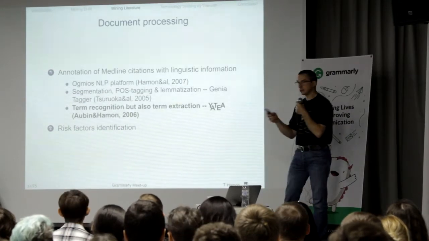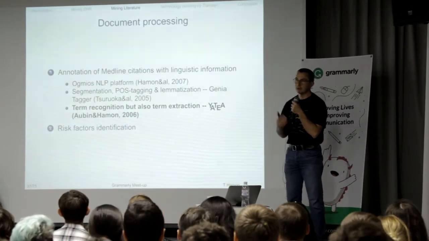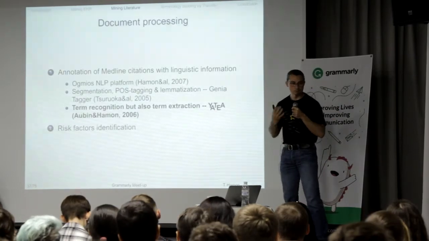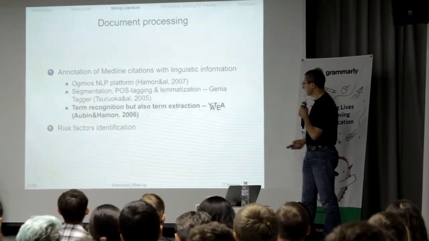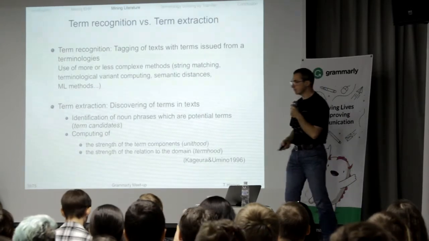So I will give you some idea of the term extraction, mainly because it's most of my research, in fact, more than text mining. I work a lot in terminology acquisition. So it's a rule-based system.